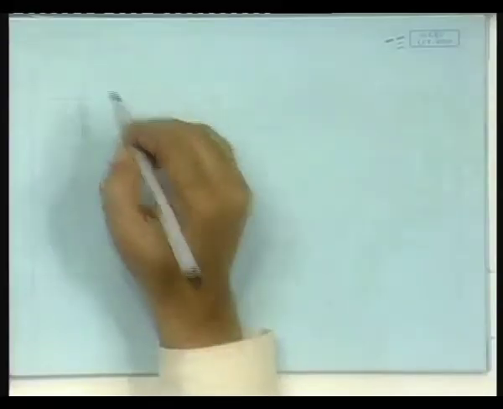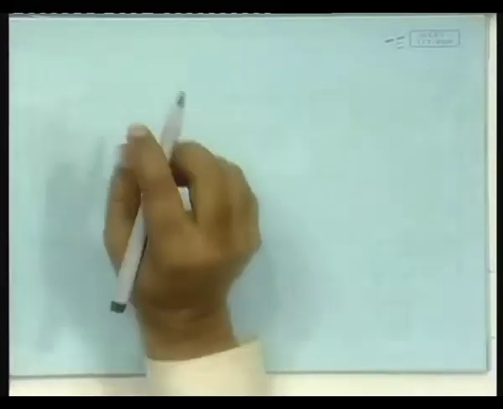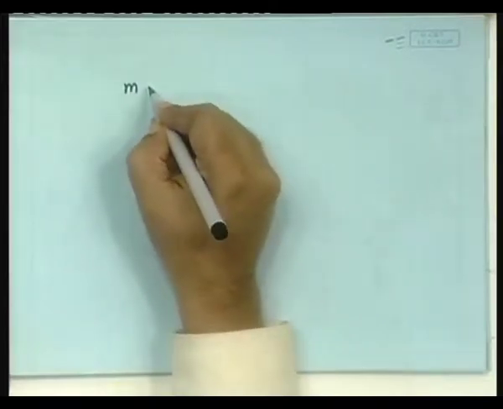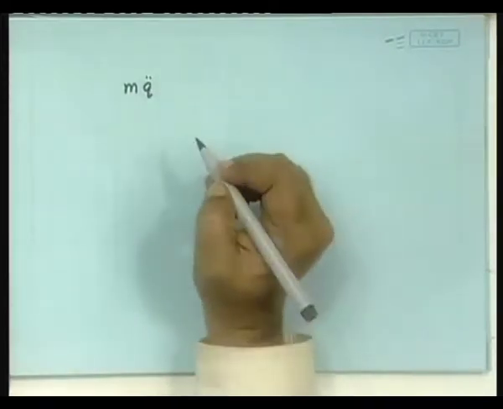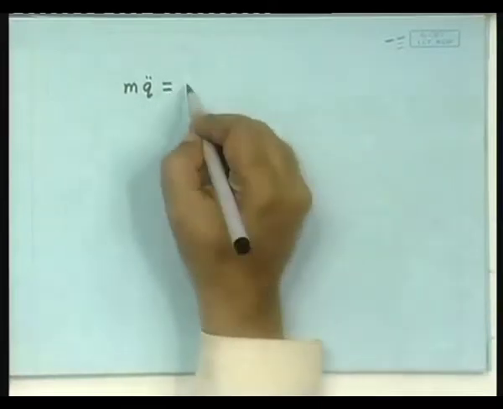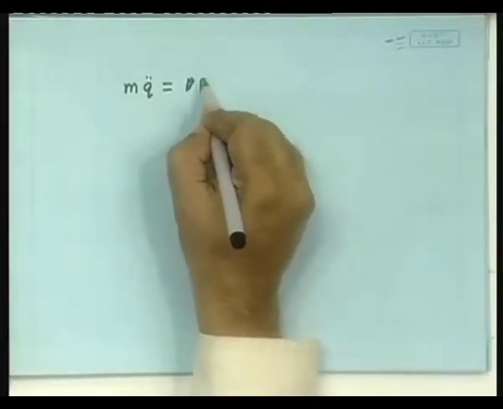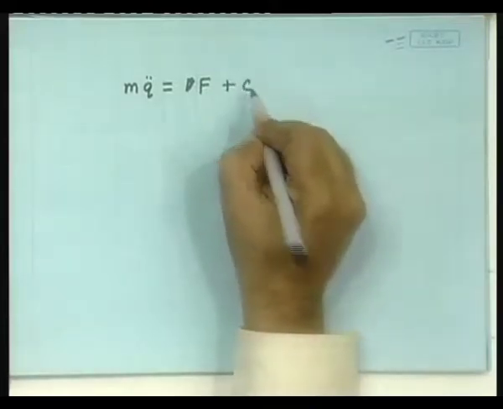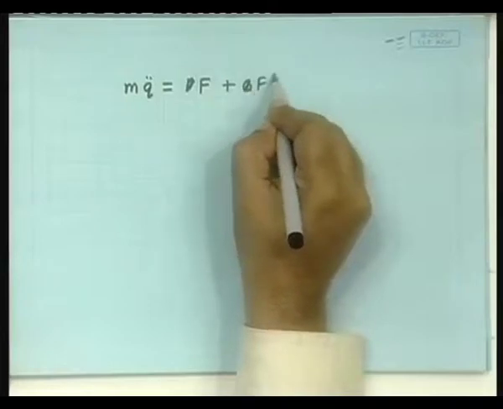In the last class we had basically achieved the derivation of the Lagrangian equation. So, what actually did we do? If there are n number of bodies in a system, each marked as j, then for each body the equation in the Newtonian way would be m q double dot is equal to the force, the applied force plus the constraint force, F c.